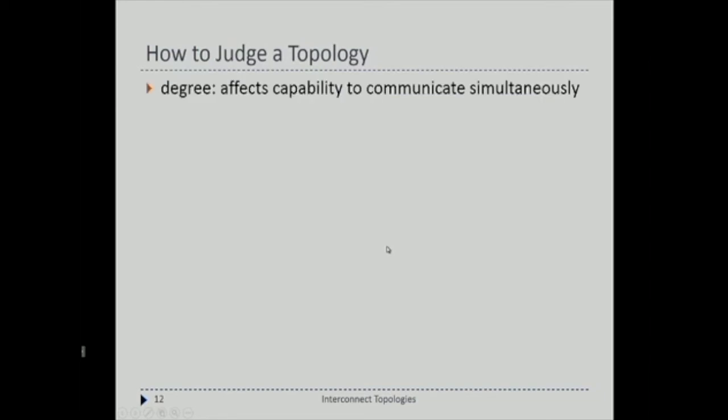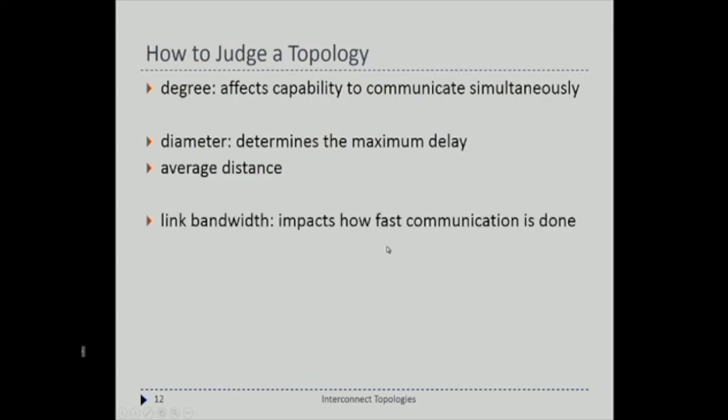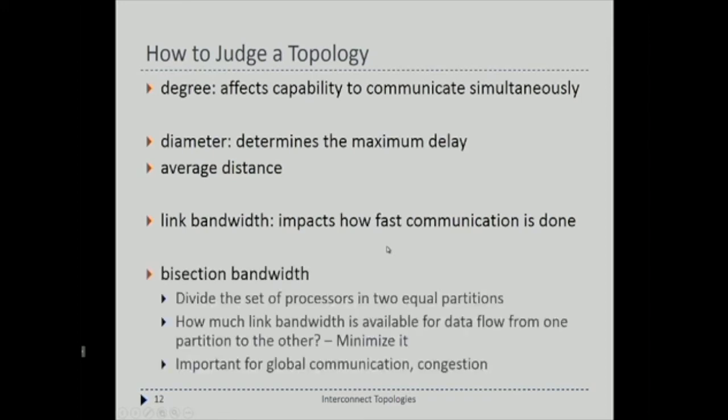So to judge a topology, you want the degree, diameter, and average distance, where diameter is the worst case. The average is: compare every pair, get their distance, and take the average of that. Link bandwidth, which is the bandwidth of one wire. And bisection bandwidth: divide the set of processors into 2 equal partitions.